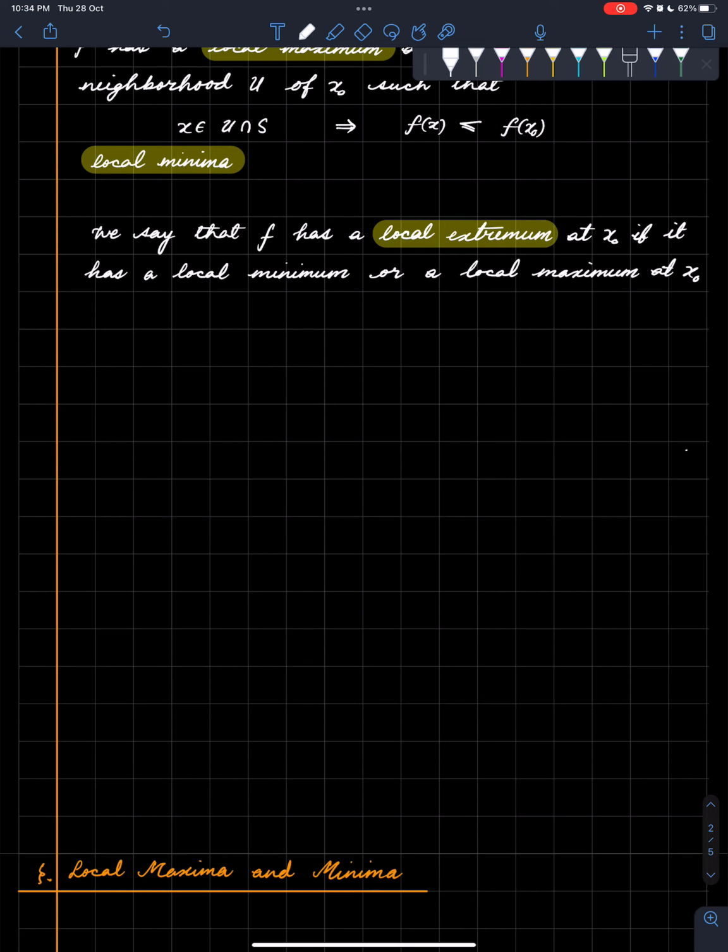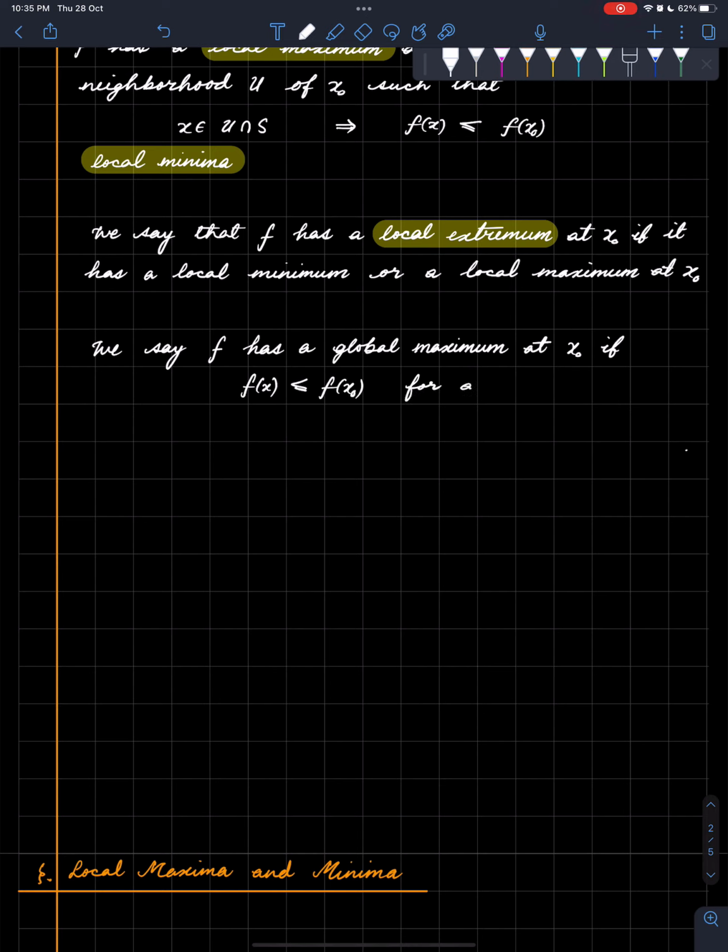And now finally we define global maxima. So we say f has a global maximum at x naught if f of x is at most f of x naught for all x in the domain.